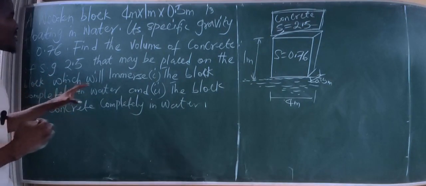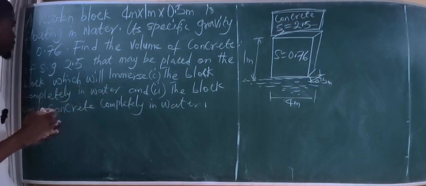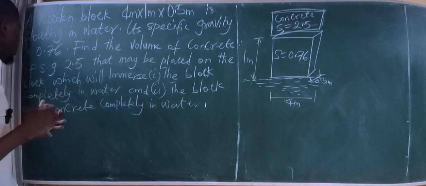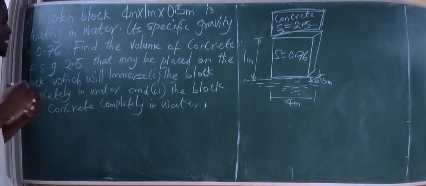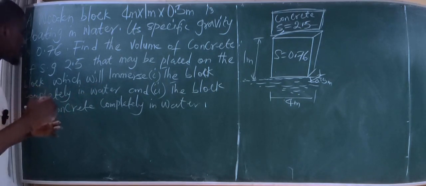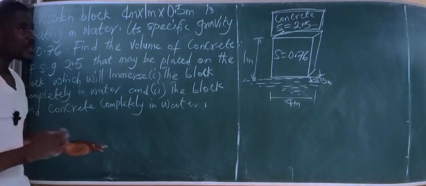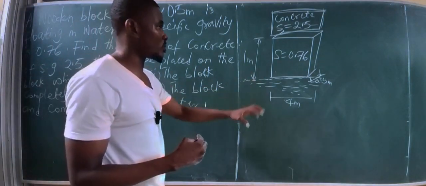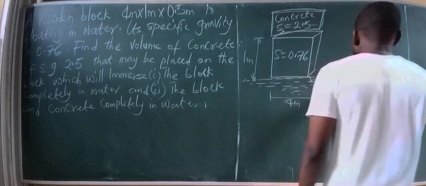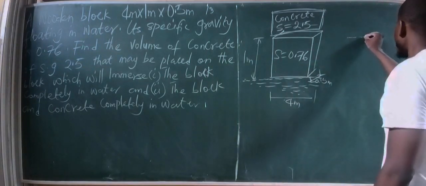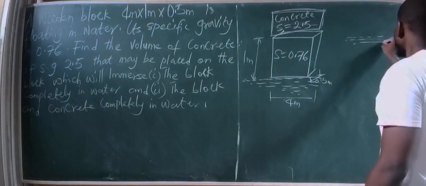So the question says find the volume of concrete of specific gravity 2.5 that may be placed on the block, which will immerse the block completely in water. So when this concrete is placed on this block, it is now immersed completely. We have water here.